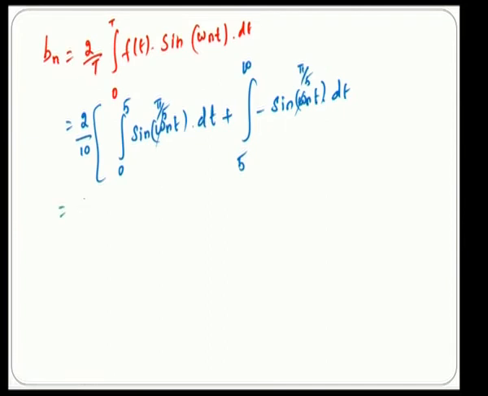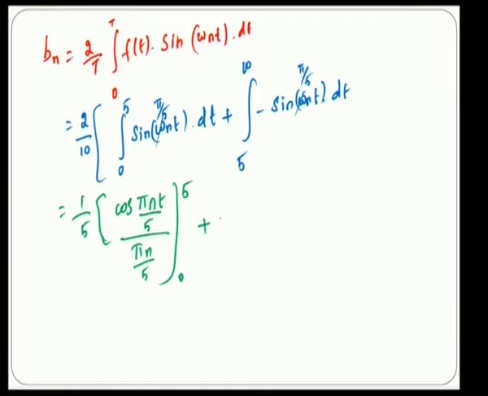it reduces to 1 by 5, then the integral of sine becomes cosine, right? So cos pi n t by 5 divided by pi n by 5, then the limit is 0 to 5, plus, already we have minus, right?